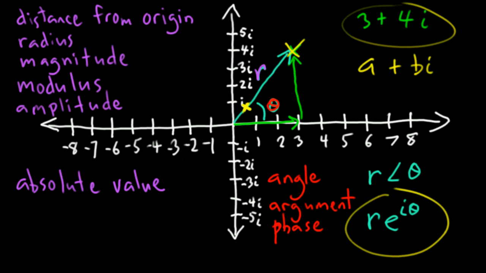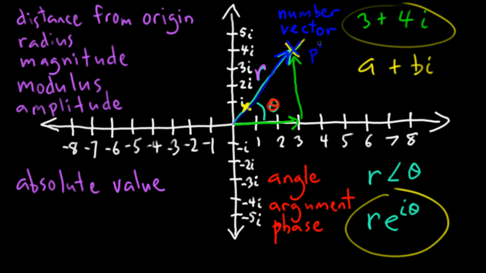And we even have multiple words for a number itself. Now, I call this number, this point, I just call it a number or a complex number. But sometimes I might call it a vector because I'm specifically thinking of it as this vector that points from the origin to that point.